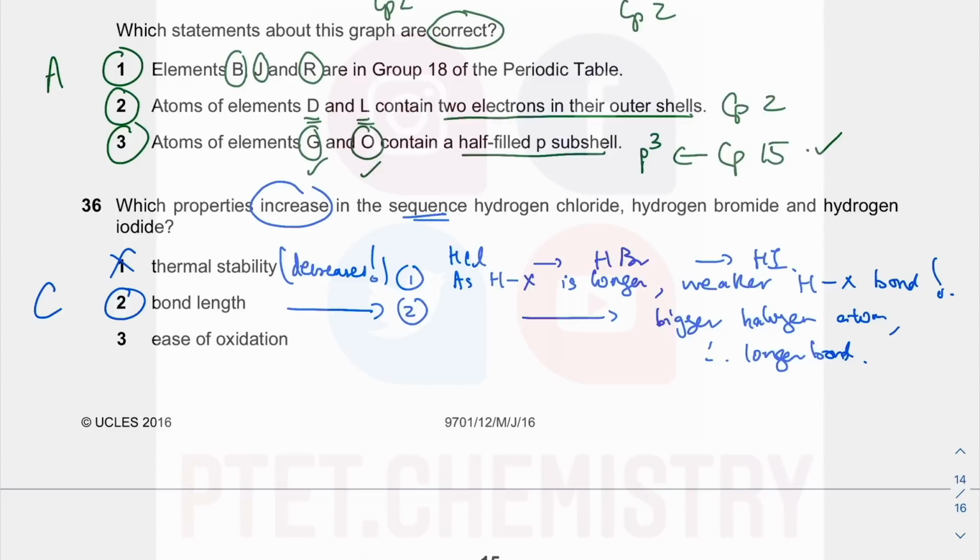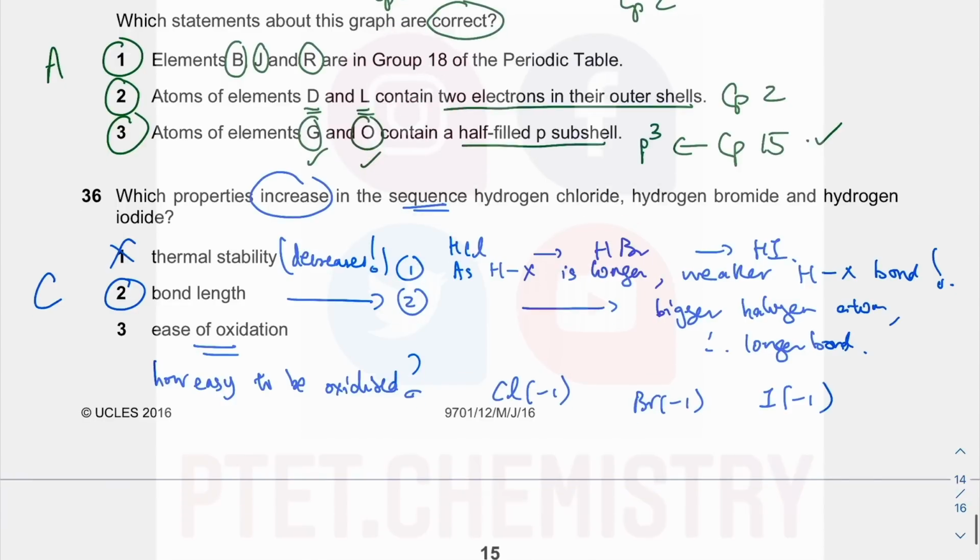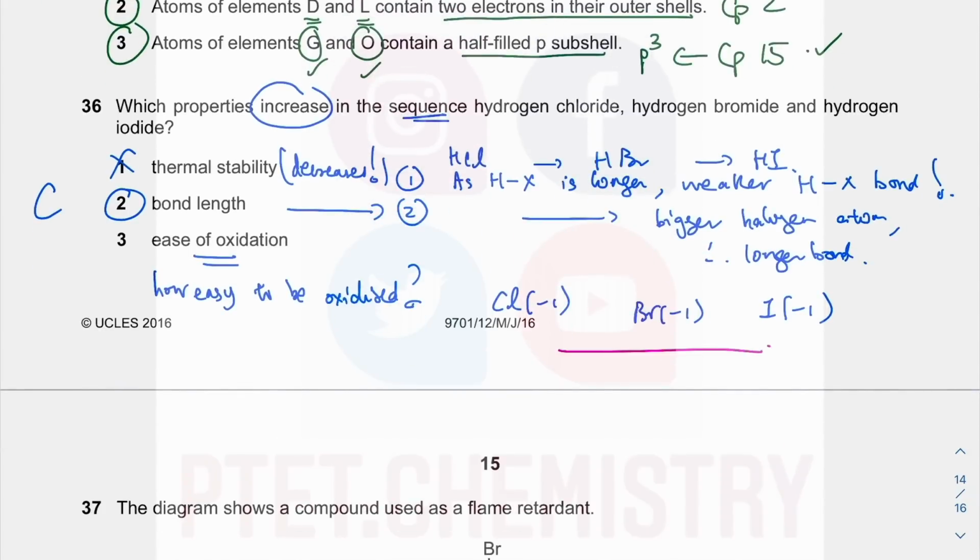Right? Ease of oxidation. How easy to be oxidized? Well, you can think of this as iodine minus 1, Br minus 1, Cl minus 1. Even back in your GCSE or IGCSE or O level, you would have known that KI, which is iodine minus 1, is a very good reducing agent.